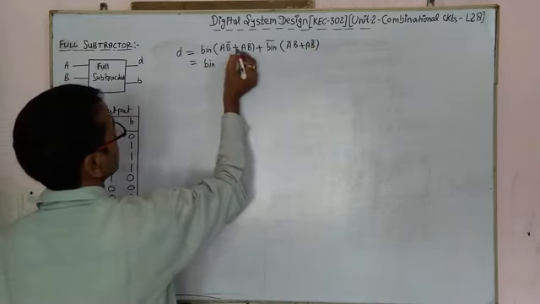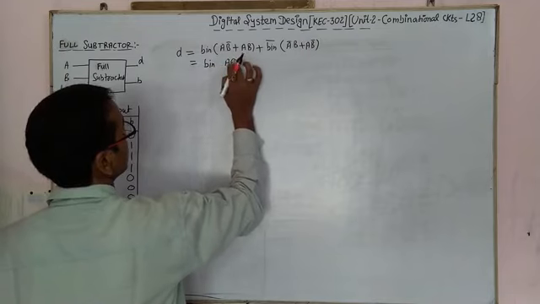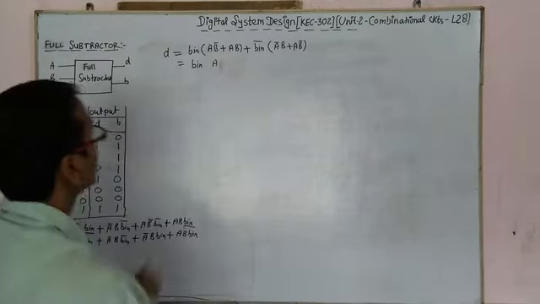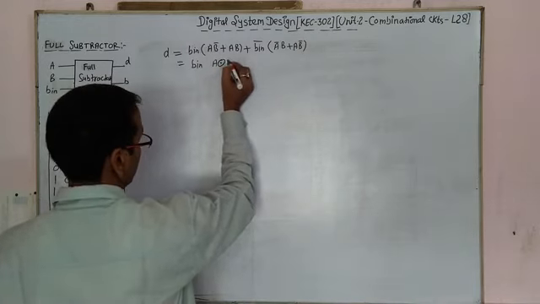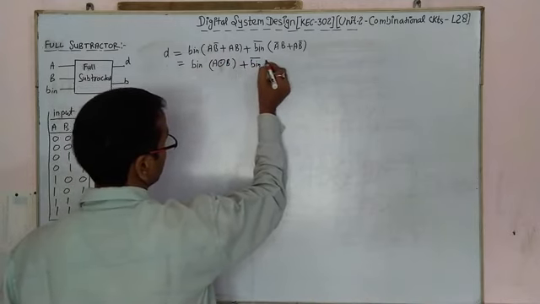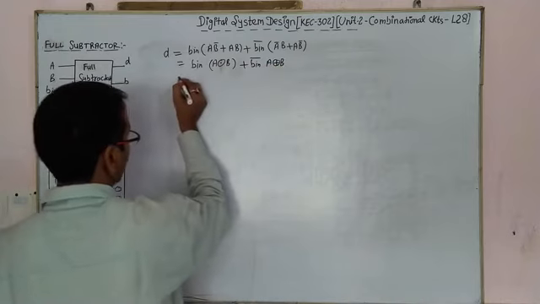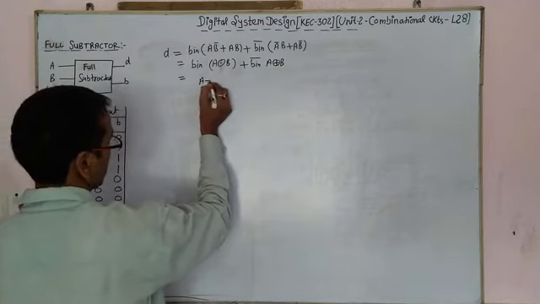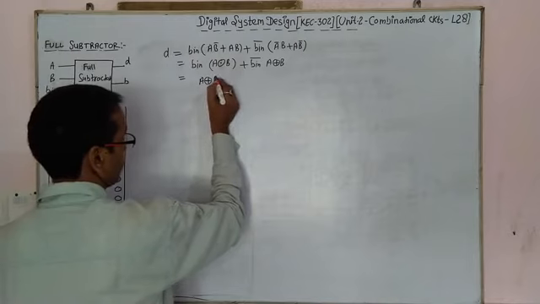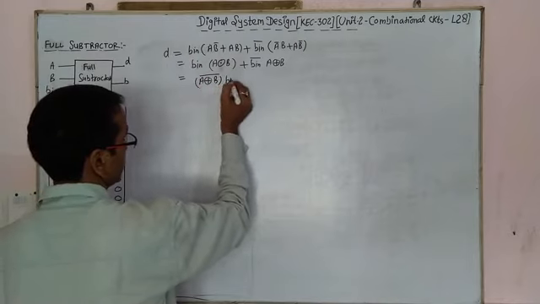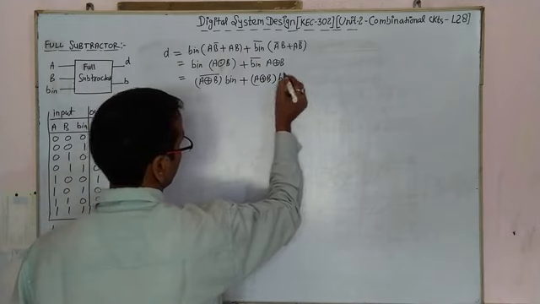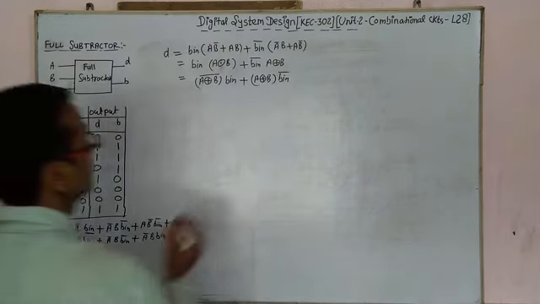This is A XOR B. So for two input variables, A XNOR B is the complement of A XOR B. So D equals A XOR B XOR B in, the logical expression for D.